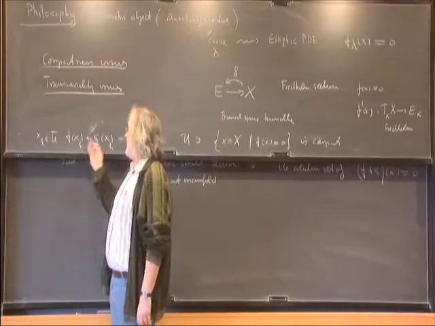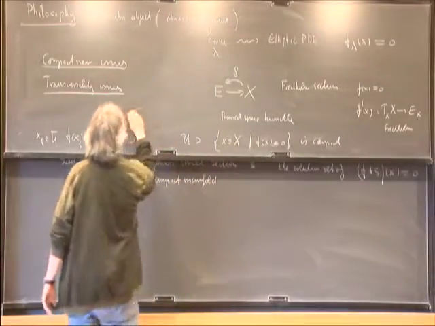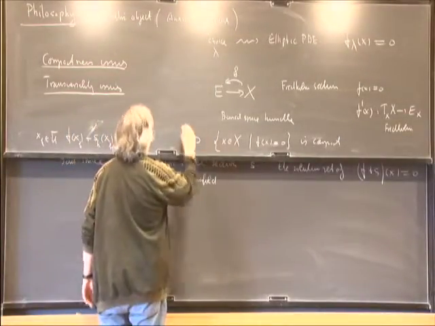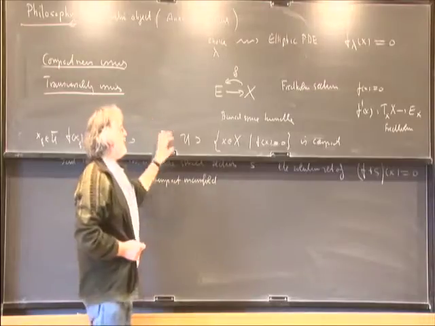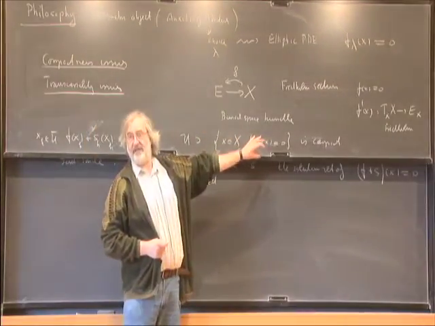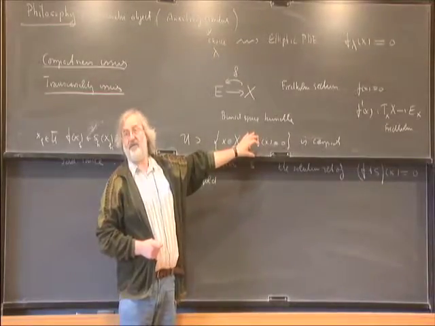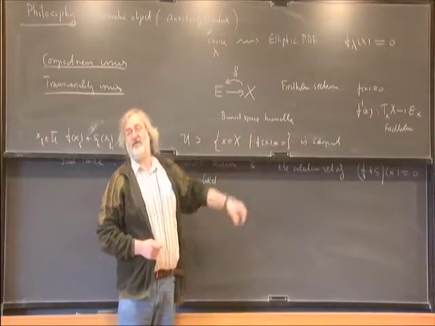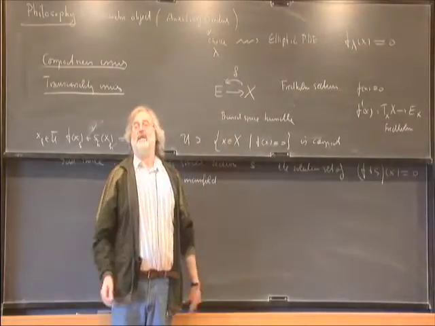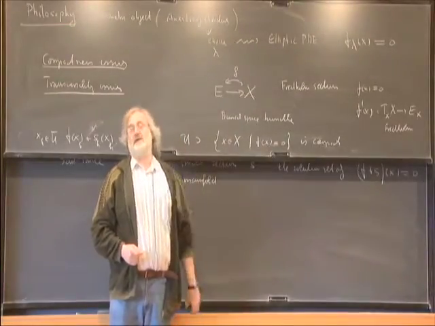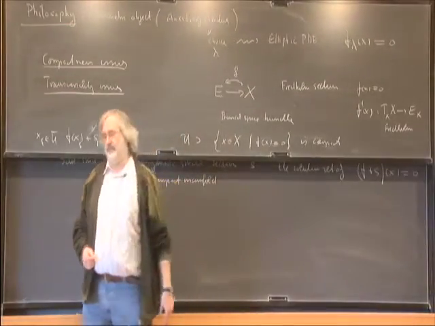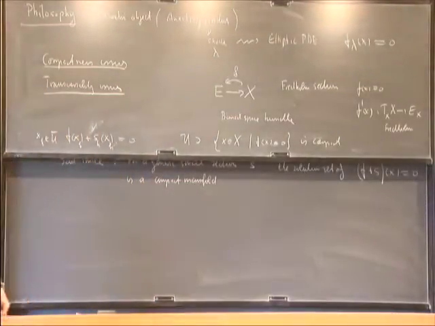For this, you only have to know that for every x in the solution space, you find a neighborhood where you have a normal form for your Fredholm section. Then the solution space is compact, and you take a finite covering so that you have the normal forms. And then you have local compactness because you're in one of these model neighborhoods. It's no problem.